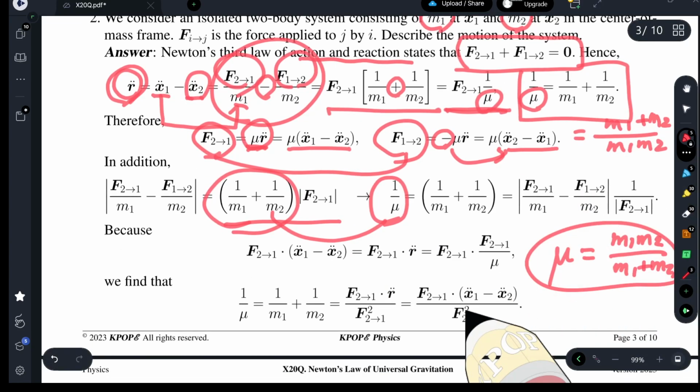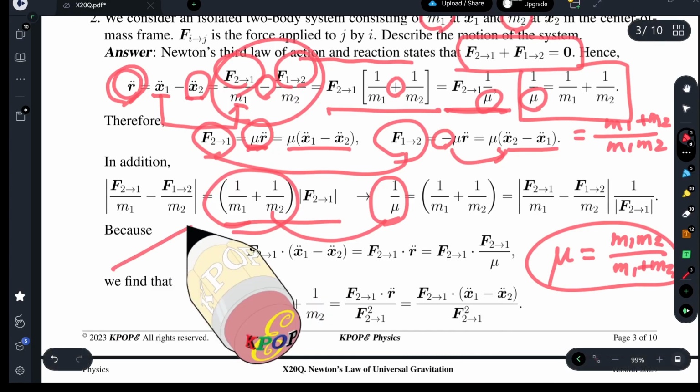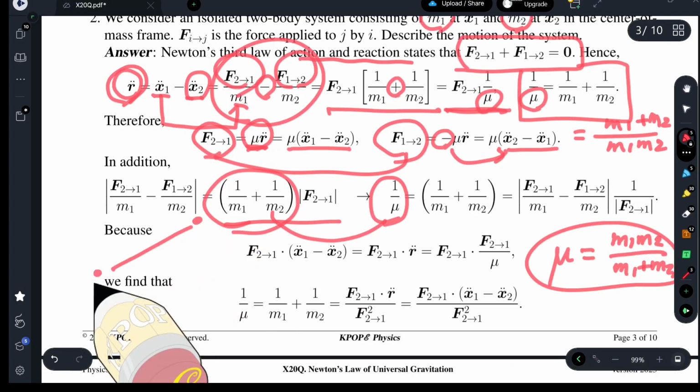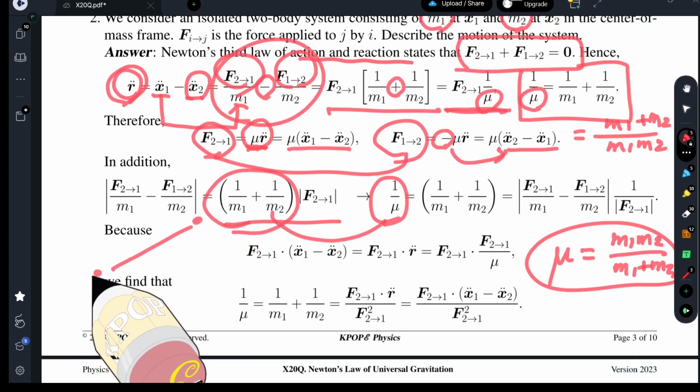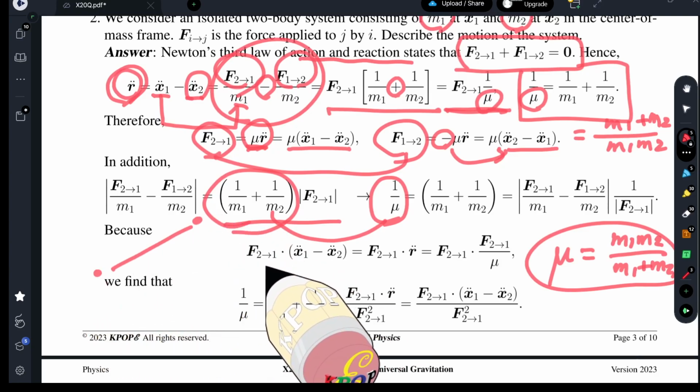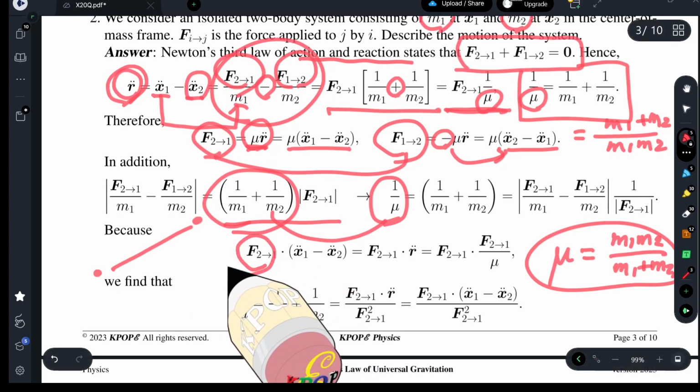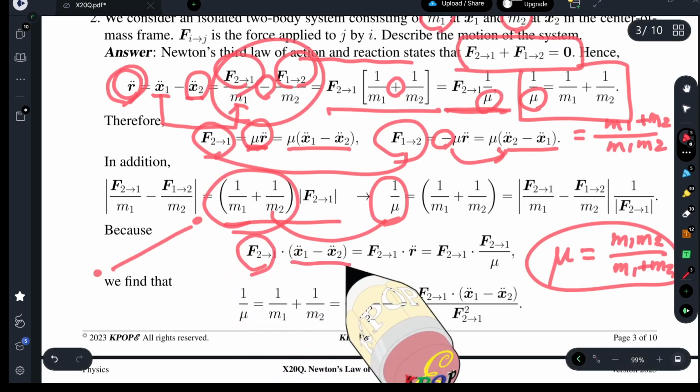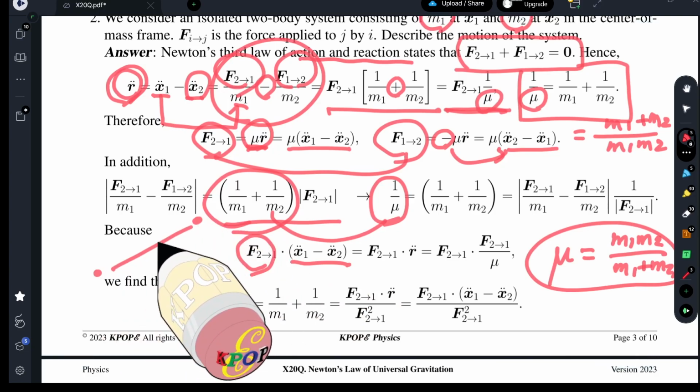in addition, if the force is central, as we usually consider, the force applied by two particles is always parallel to the line that connects the two particles. Therefore, the magnitude of the force can be projected by multiplying the relative coordinate vector.